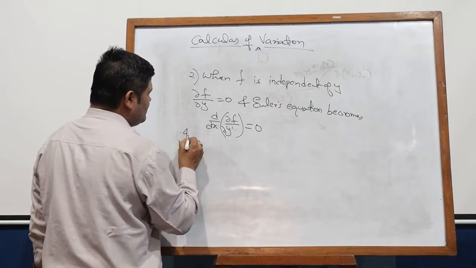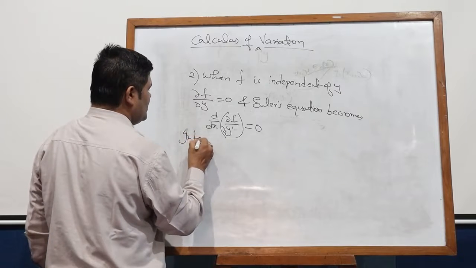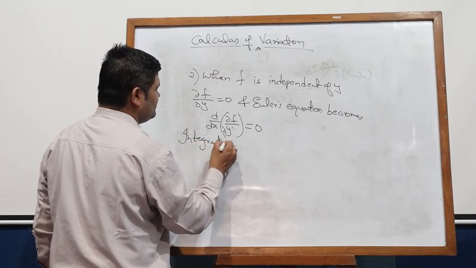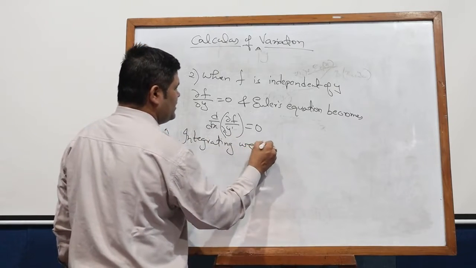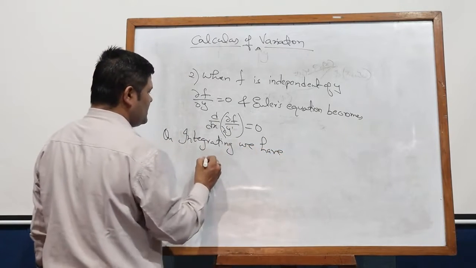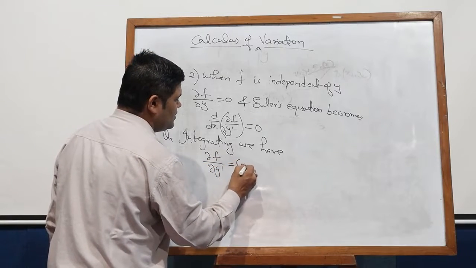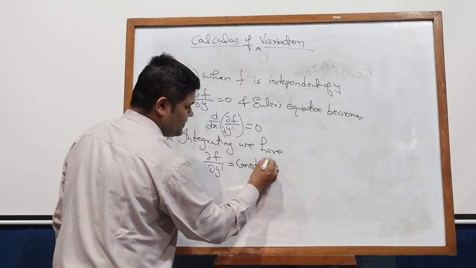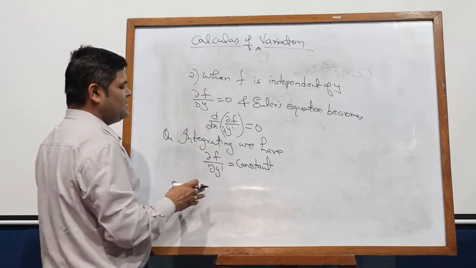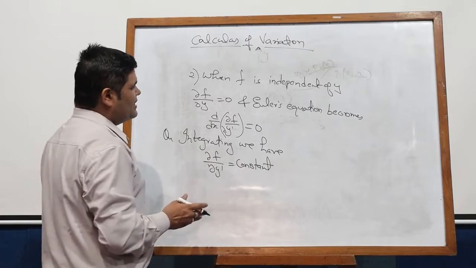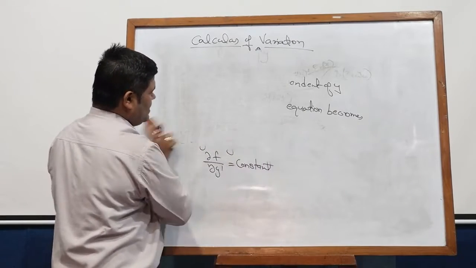On integrating, we have del f upon del y dash equals a constant. This is directly integrable, and after integrating we have the solution. This is the second form.